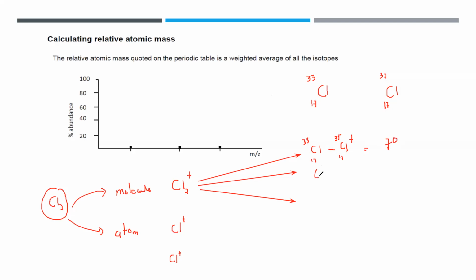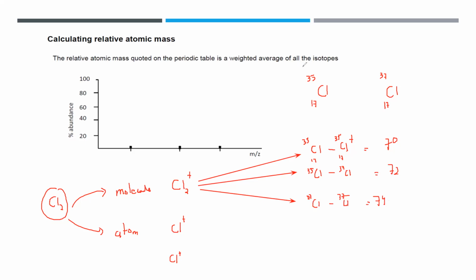Maybe one is 35 and the other is 37, so the sum 35 plus 37 gives a peak at 72. And maybe both of them are 37, so you will get a peak at 74. So there will be three peaks.